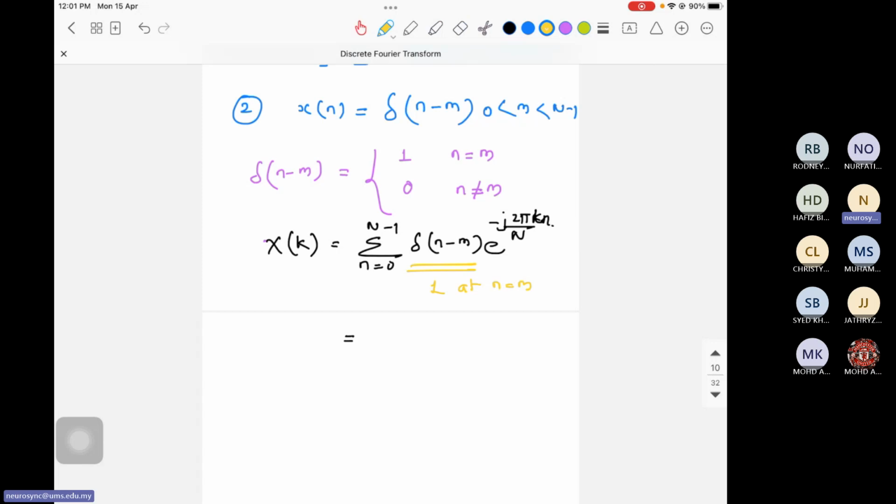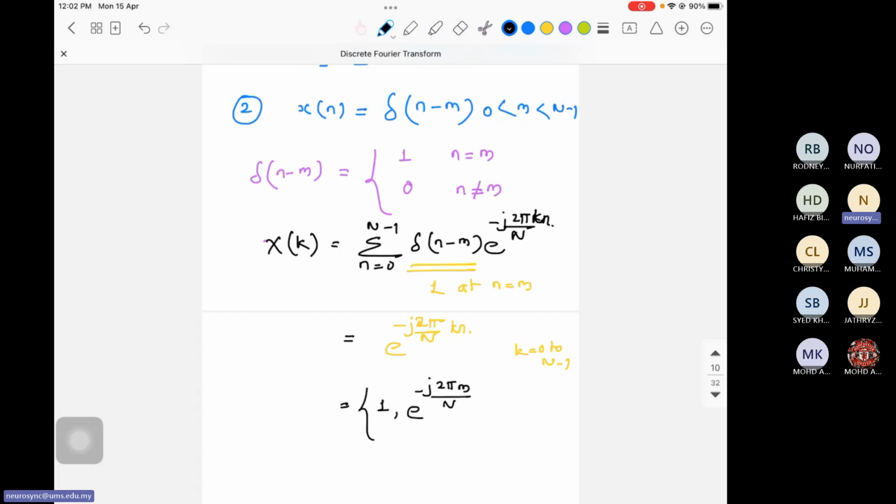We are left with e to the power minus j 2 pi by n into k into m. Now here k will vary from 0 to n minus 1. If I put k equal to 0 here, the first value is e to the power 0, that is 1. Second value, what will you get? If you put 1 here, then minus j 2 pi m upon capital N. Are you getting this?